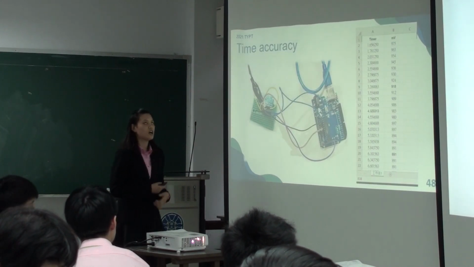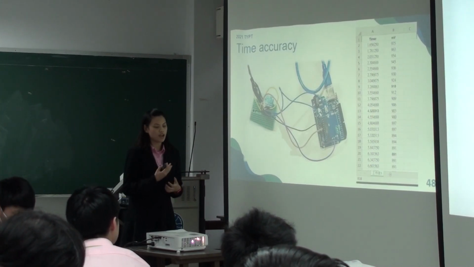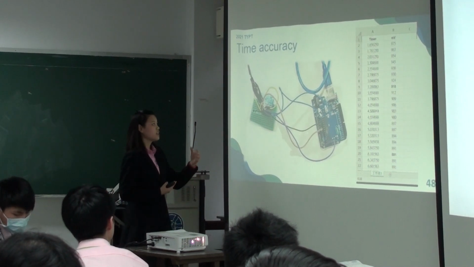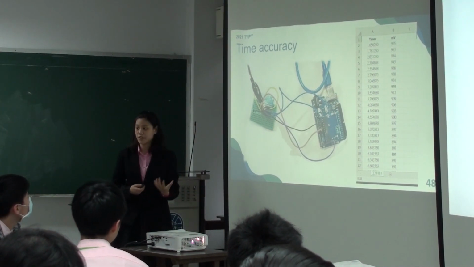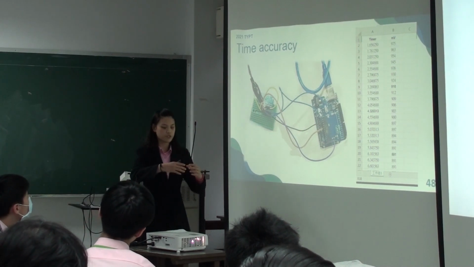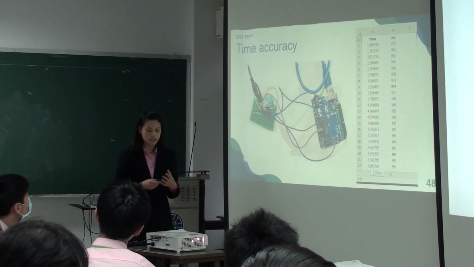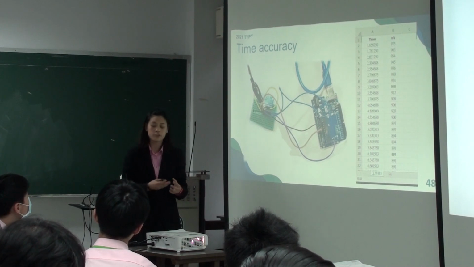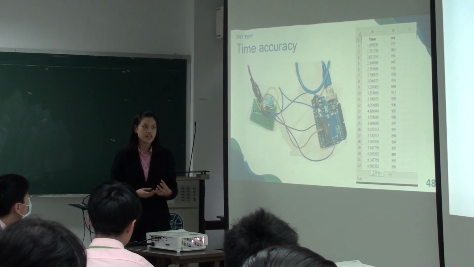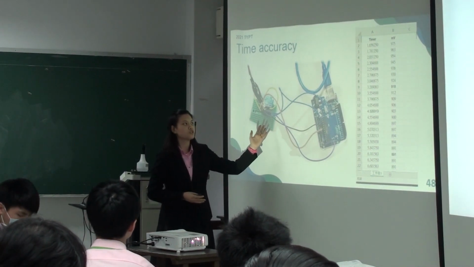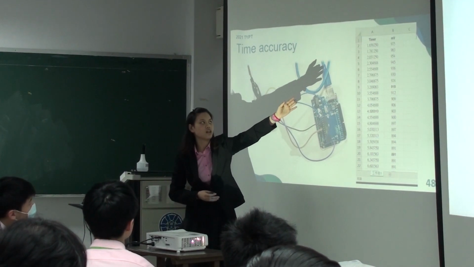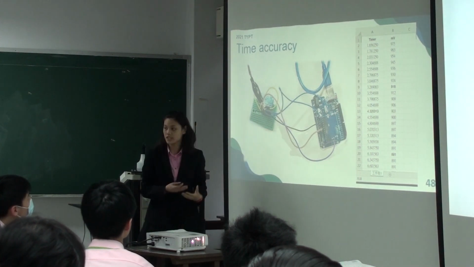So then the next question is: we have high accuracy, but does our hot wire anemometer have time accuracy? Because when we measure the wind speed, we have to wait for the thermodynamic equilibrium point. Then there will be a long reaction time. And I use an Arduino to measure the voltage versus time.